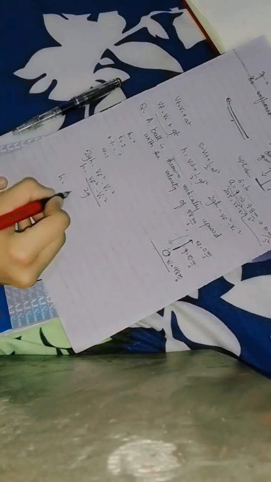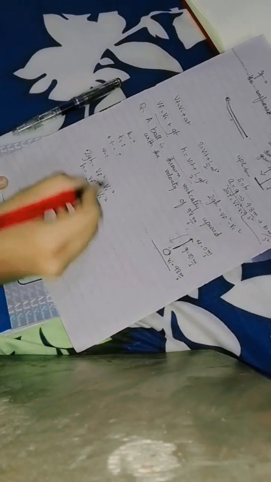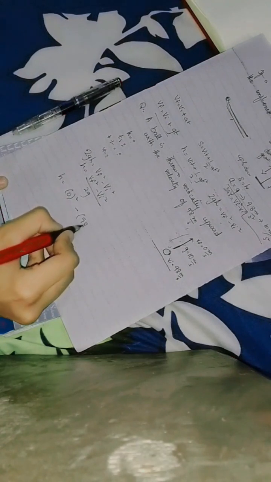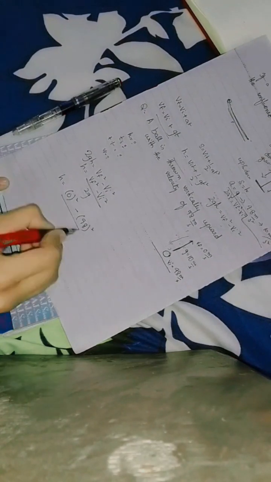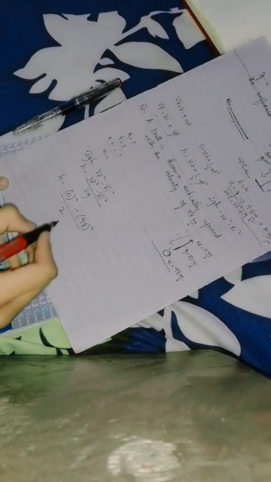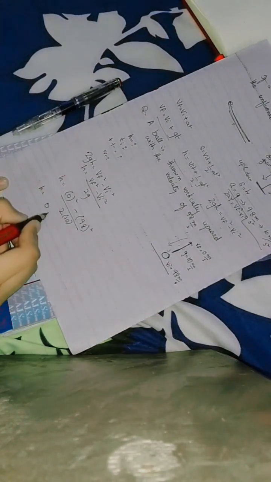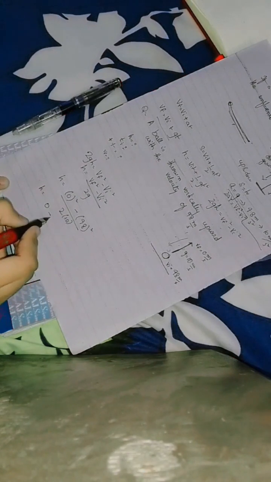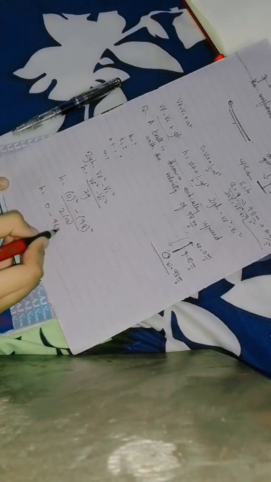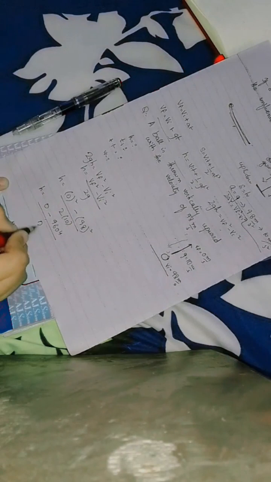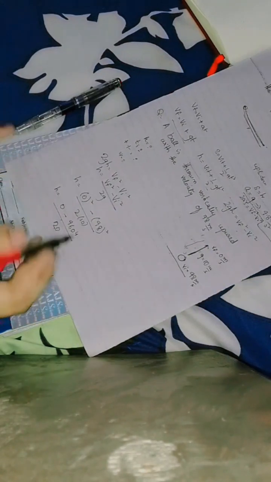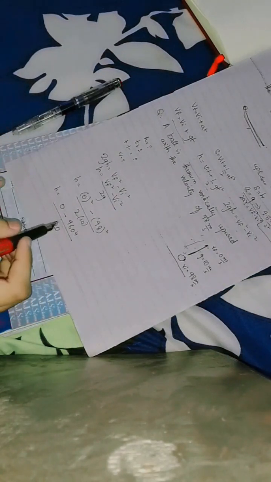Vf is 0 square minus Vi is 98 meter per second square, divided by 2g, where gravity is 10. Now 0 square is 0, and 98 square is 9604.